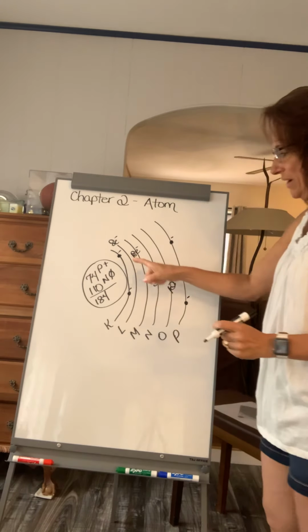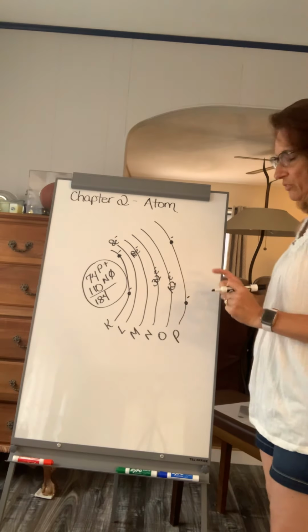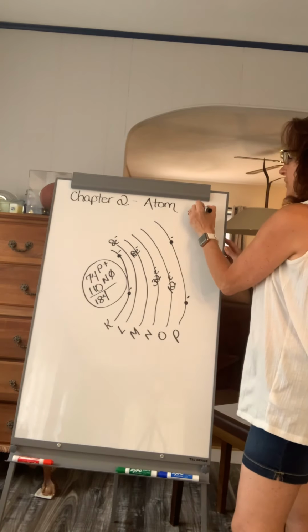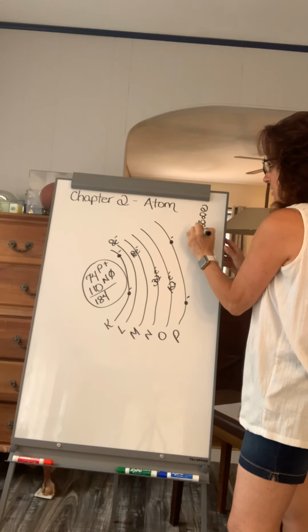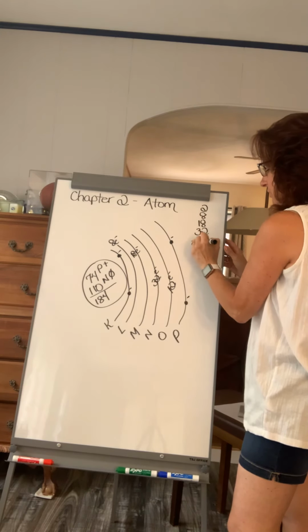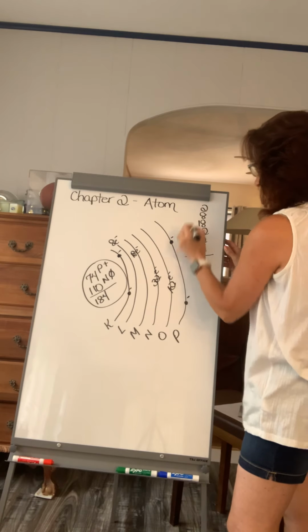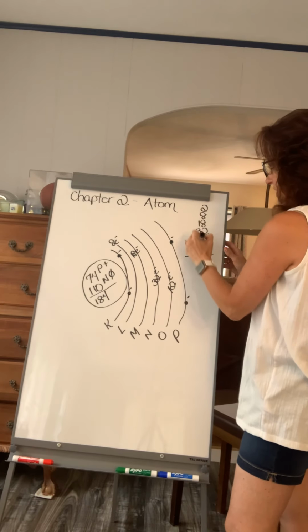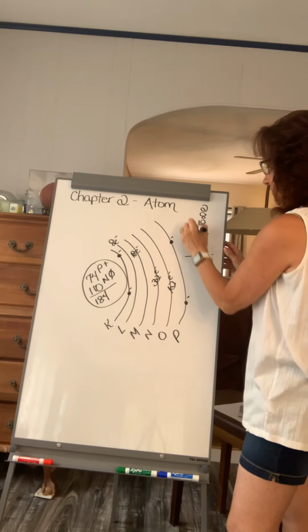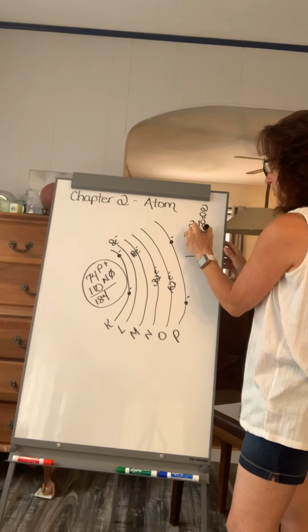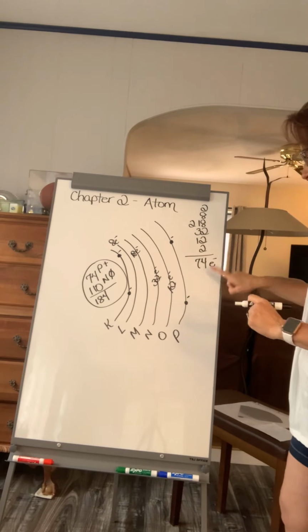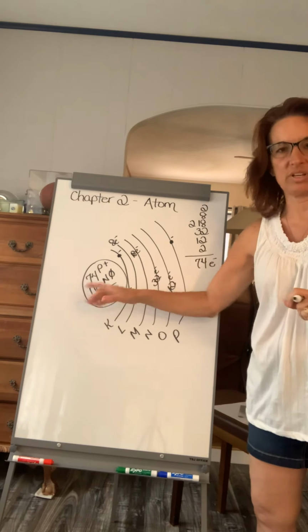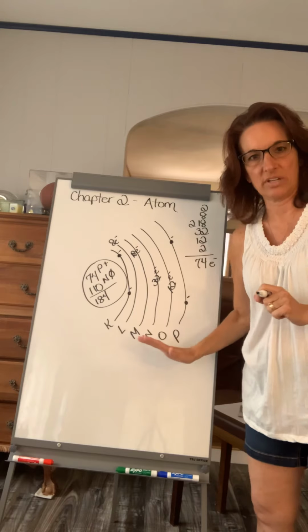So it's 2, 8, 18, 32, 12, 2. So add those up. If you add 2 plus 8 plus 18 plus 32 plus 12 plus 2, so there's 74 electrons, okay? So 74 electrons, 74 protons. This is a stable atom of tungsten.